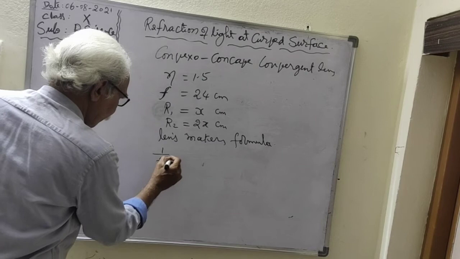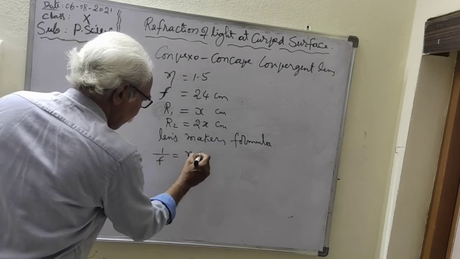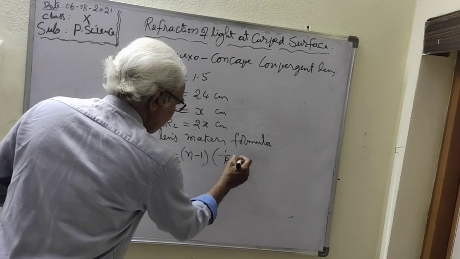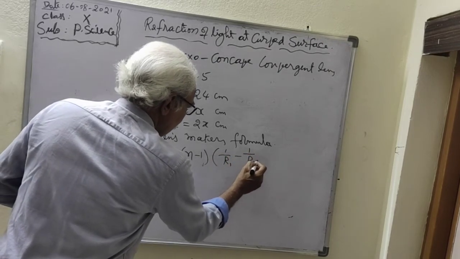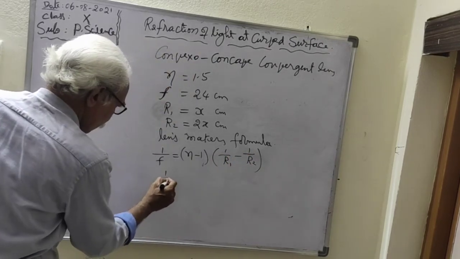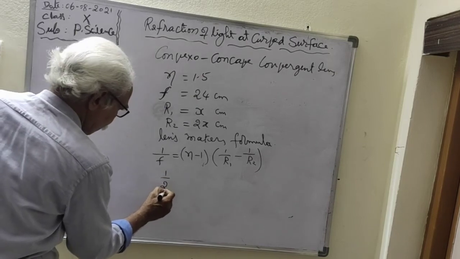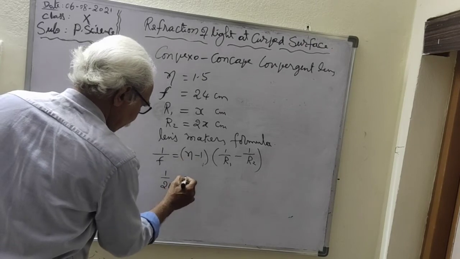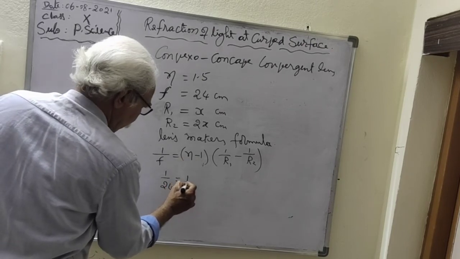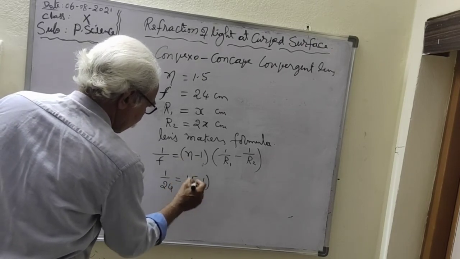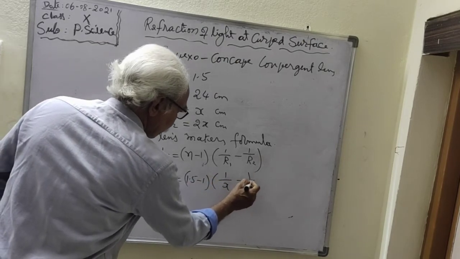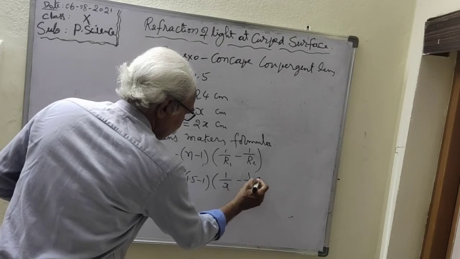According to it, 1 by f is equal to n minus 1 into 1 by R1 minus 1 by R2. So 1 by 24 is equal to n, which is 1.5, minus 1, into 1 by x minus 1 by 2x.